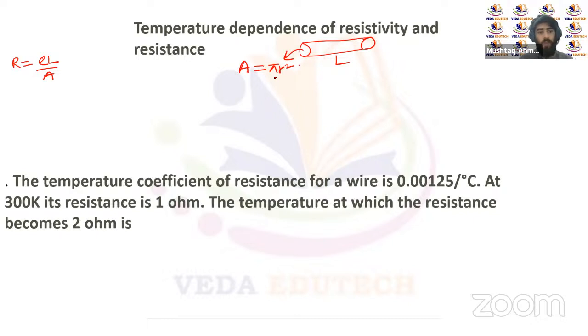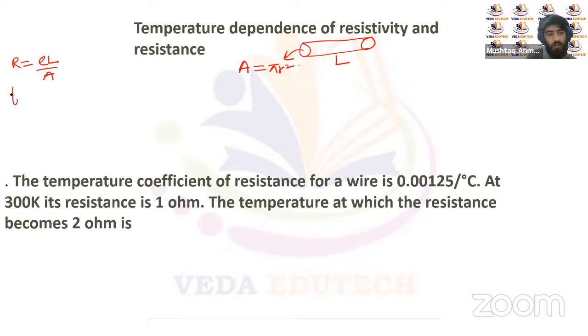Now we know that resistivity depends upon the temperature, and resistance also depends upon the temperature. And for conductors, we know that resistivity increases, or resistance increases, upon increasing the temperature.